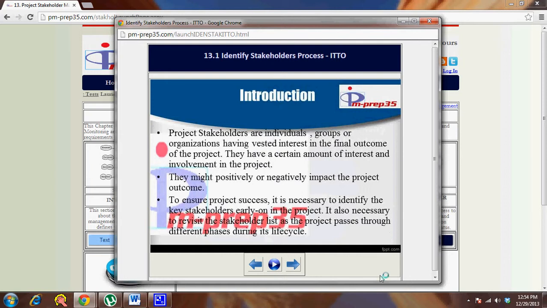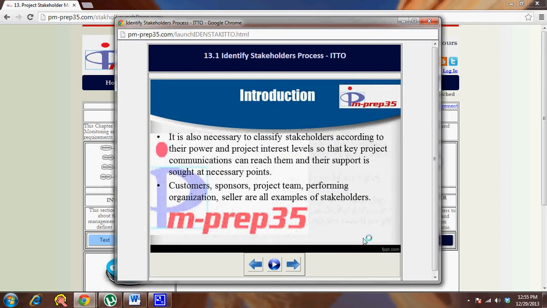It's better to find out the stakeholders early in the project life cycle, but as you get into the different phases, it's necessary to involve them and get their buy-in for the project to be successful. It is also necessary to classify stakeholders according to their power and project interest levels, so that key project communications can reach them and their support is sought at necessary points.